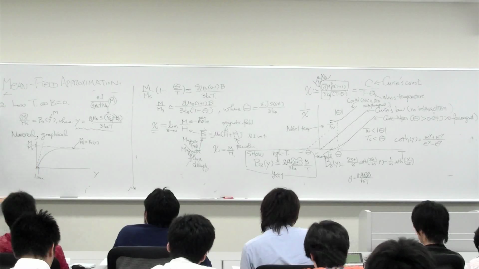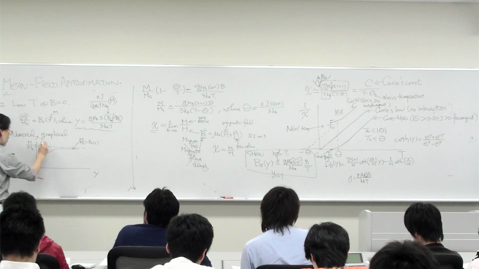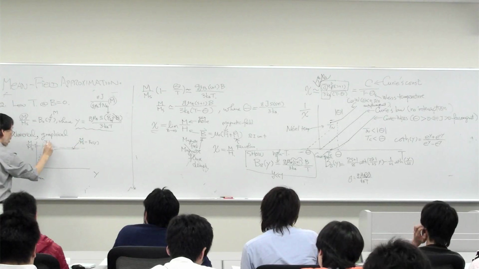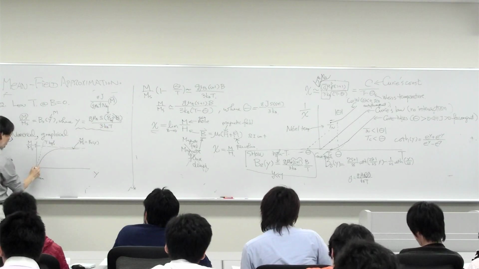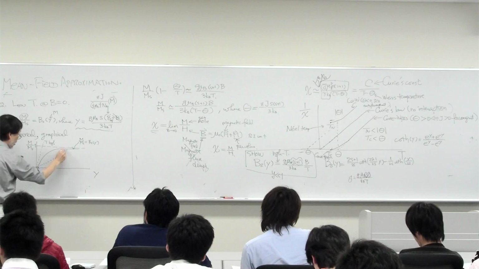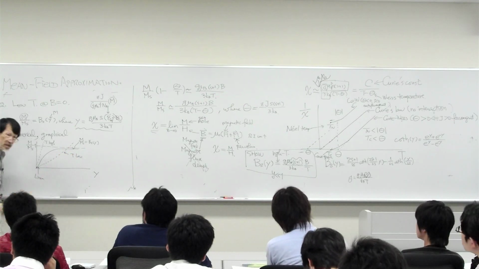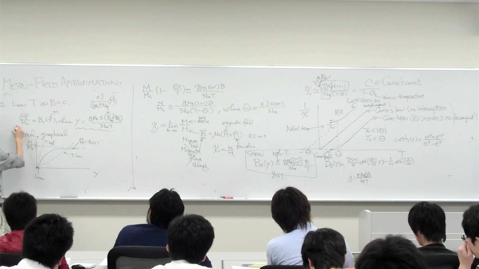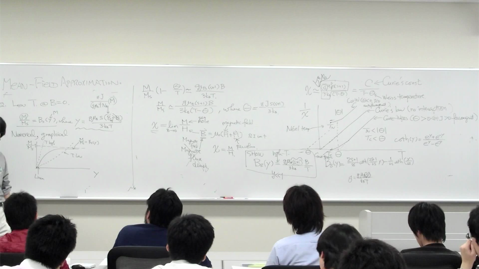So it could be a line like this when temperature is large. On the other hand, when the temperature is small, then the slope becomes small. Right? And this equation has a solution when those two lines meet each other.